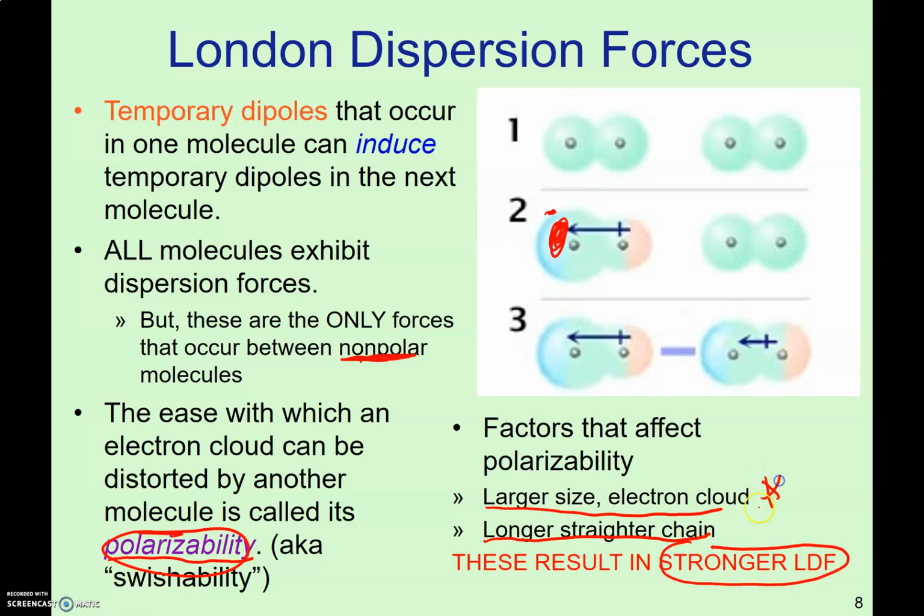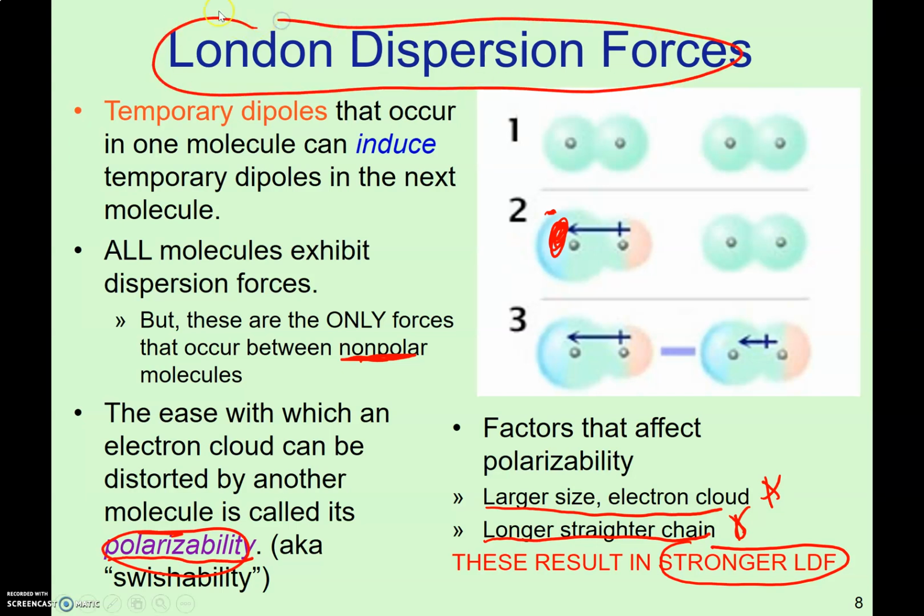These are important, because they like to give nonpolar molecules and ask which one has the strongest intermolecular forces, and it's due to these London dispersion forces. The nonpolar molecules with the strongest London dispersion forces are ones that are large, because they have a large electron cloud and electrons are able to run into each other. And ones that are big have a longer chain of molecules bonded together, and the chain is straighter.